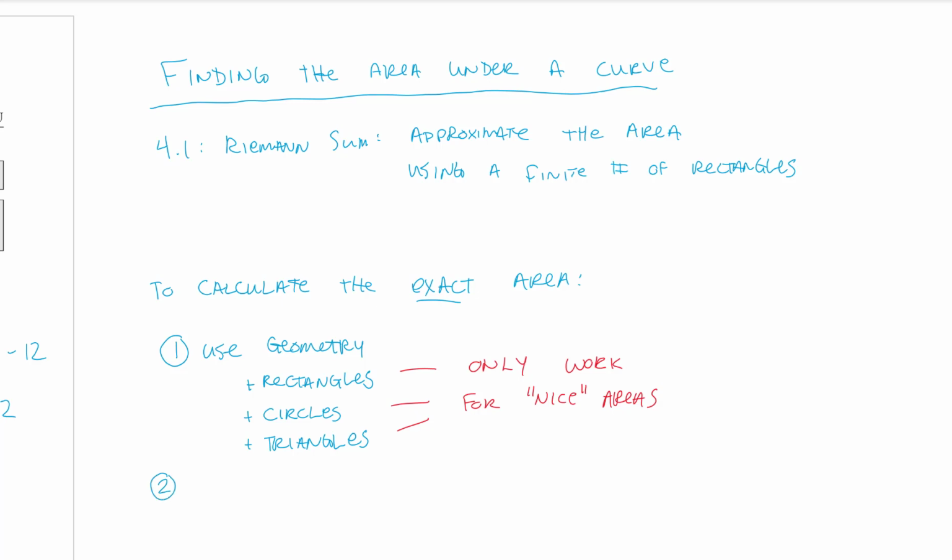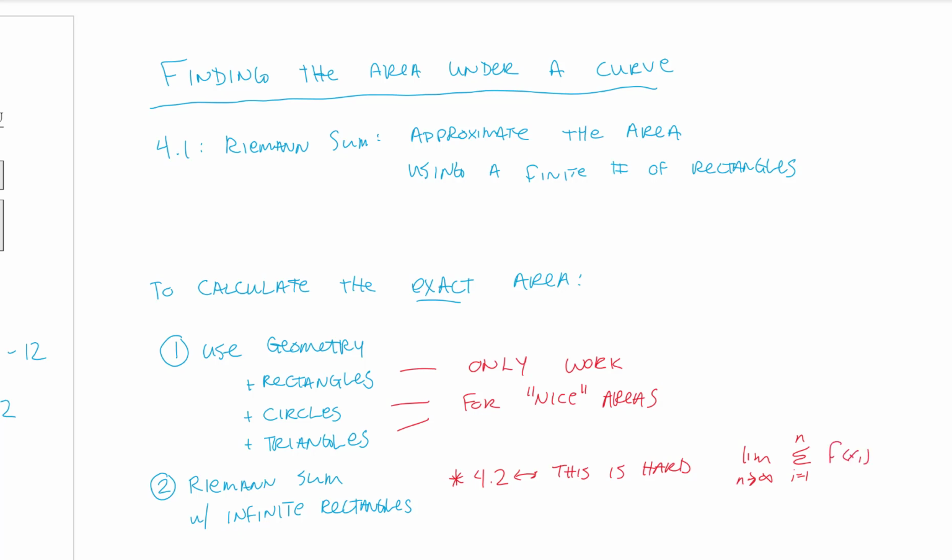And what we did in section 4.2 is we can use an infinite number of rectangles in a Riemann sum. And as you remember from section 4.2, this is very hard because it involves calculating an infinite limit of a Riemann sum, where we're doing this weird function evaluated at the right-hand endpoints times delta x, and this just ends up being a really nasty series calculation.